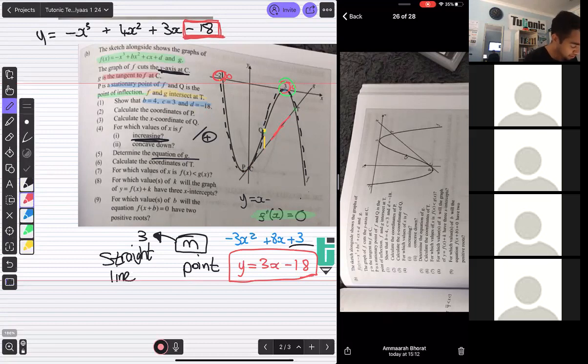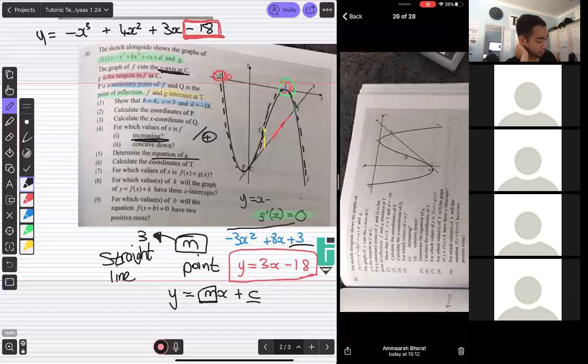So the equation of every straight line graph is y equals mx plus c. If you want to work out any straight line graph, you need to work out the gradient and the y-intercept. We know the gradient because we've worked out the derivative, and we said that the derivative of the graph is the same as the tangent where it cuts the tangent, and that happens at C. But C is when x is naught.